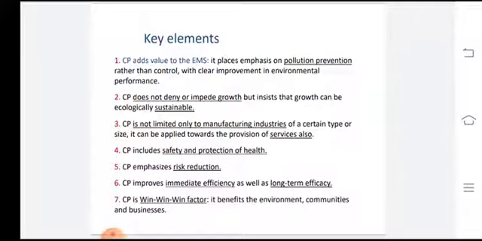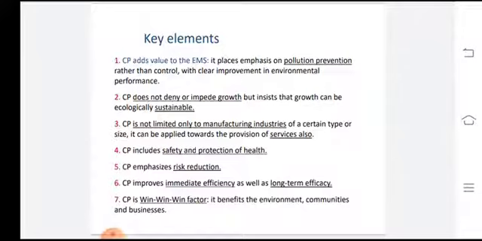So my question is, can you differentiate between pollution prevention and pollution control? Please focus on this question. Please differentiate between pollution prevention and pollution control. So the answer is, pollution control is possible when we have generated pollution. When we have pollution, we will try to control it. Now, what is pollution prevention?